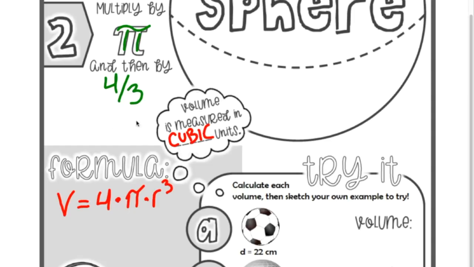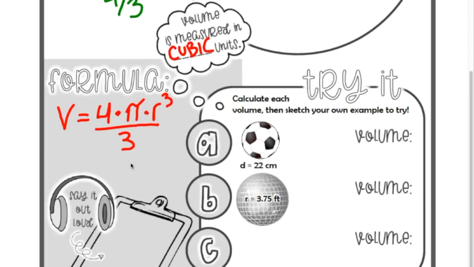And then to deal with this fraction over 3, I'm going to put it all over 3 again. That means you are going to multiply 4 times pi times your radius cubed, multiply all of that, and then divide by the 3. Let's see what that's actually going to look like, because that's some tough calculator work.